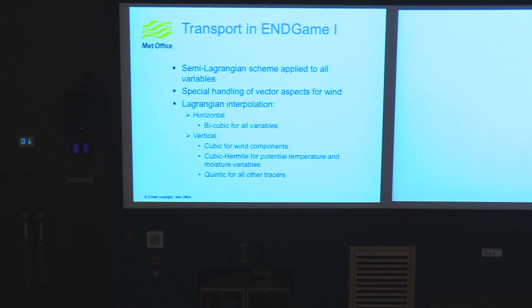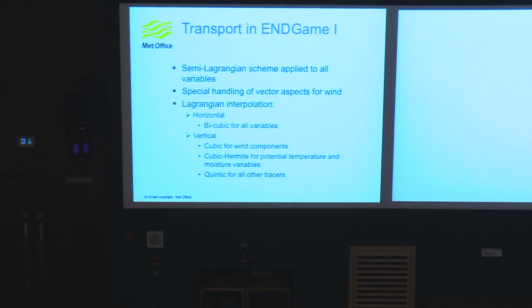There's some special aspects for vector quantities, so even for the wind field we use a semi-Lagrangian scheme, and that gives us headaches because we're then moving something whose bases change as we move from the arrival to the departure point. I won't go into that, but there's some special aspects there for those who are interested.